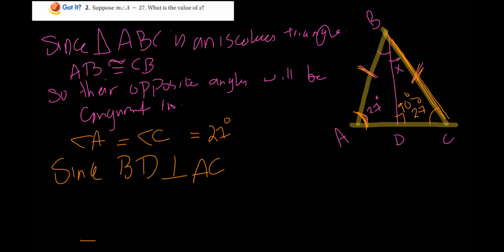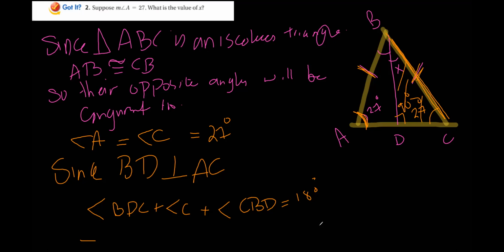Since the triangle BDC has angles summing to 180, angle BDC plus angle C plus angle CBD is equal to 180.